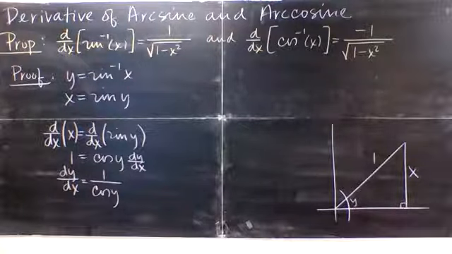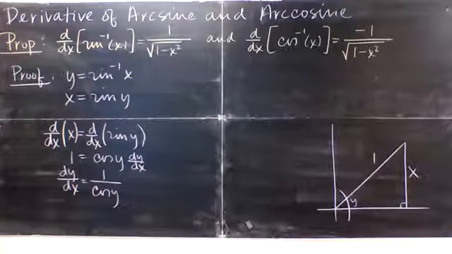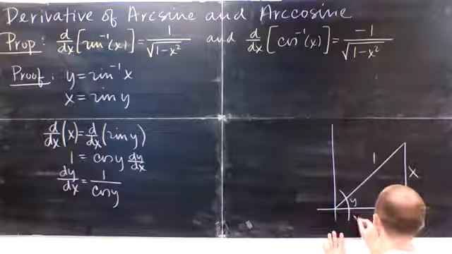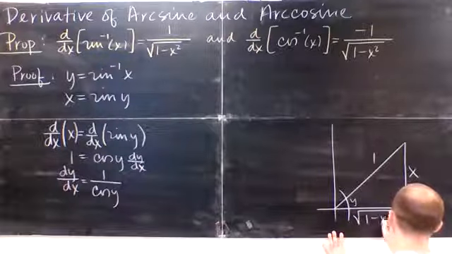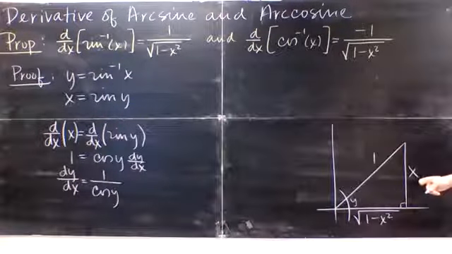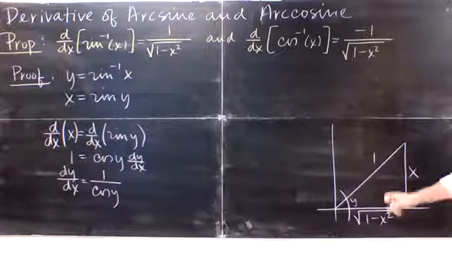y is the arc whose sine is x? Yes. All right. Now, that means that this thing right here is going to be the square root of 1 minus x squared. You can check that for yourself, but if I squared that and then added it to x squared, I would have 1 squared.